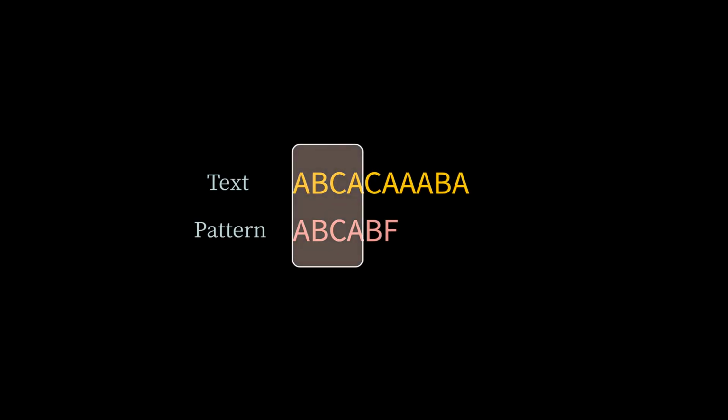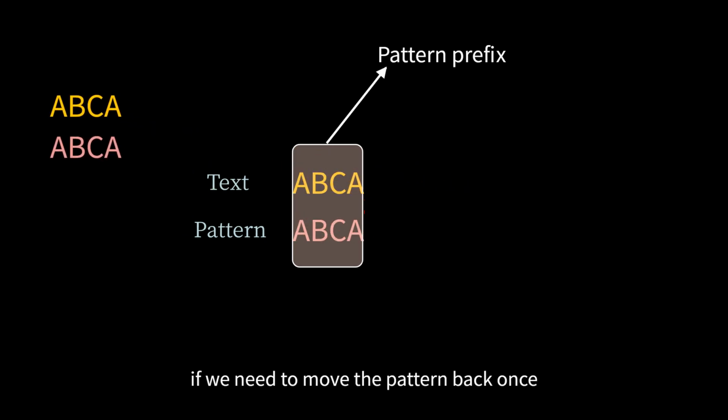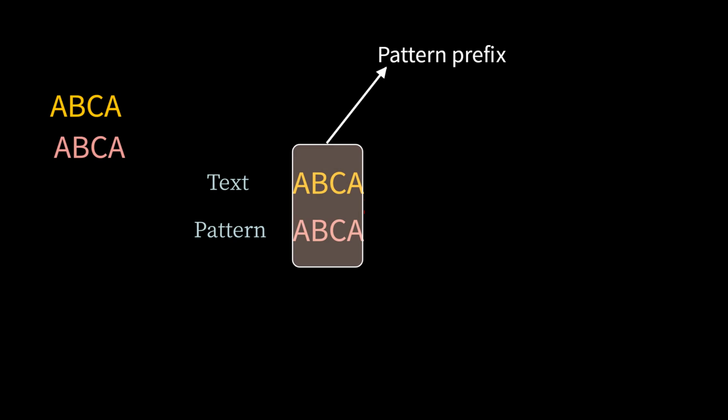For another example, let's compare from the beginning. Assuming that four characters have already been compared, at this time the next one is different. We only look at the first four, which is the prefix of the pattern. Can we calculate in advance whether we need to move the pattern back once? Obviously, it won't work.